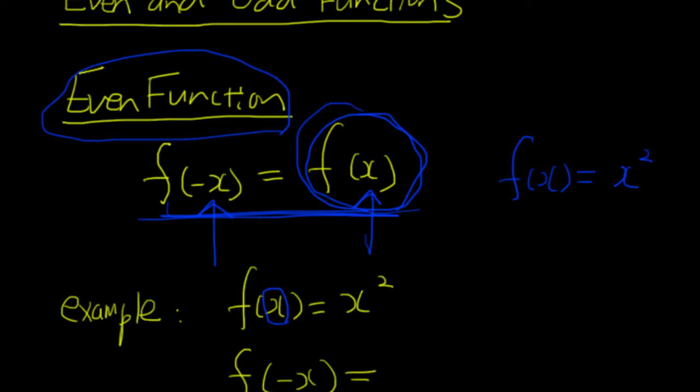So f of negative x should be what used to be x, now going to be negative x and the whole thing to the square. All right, so what's negative x to the square? Negative x times negative x, that's the same as positive x squared.